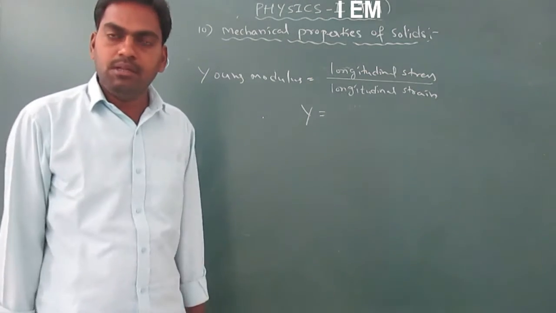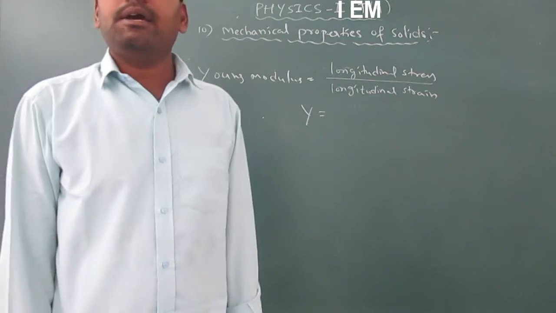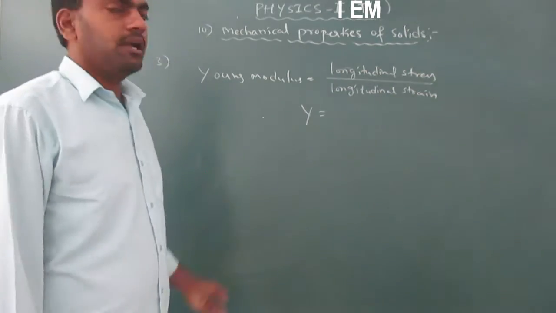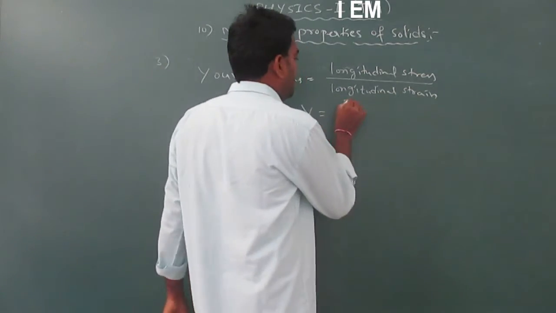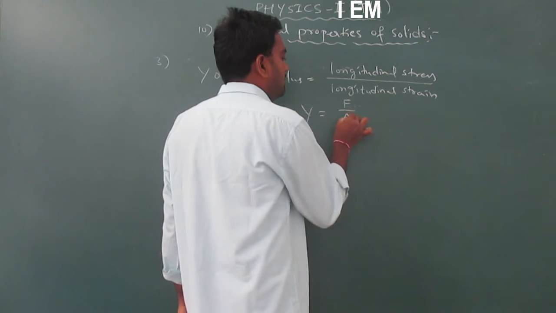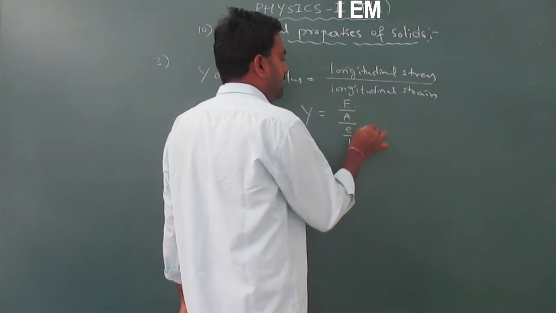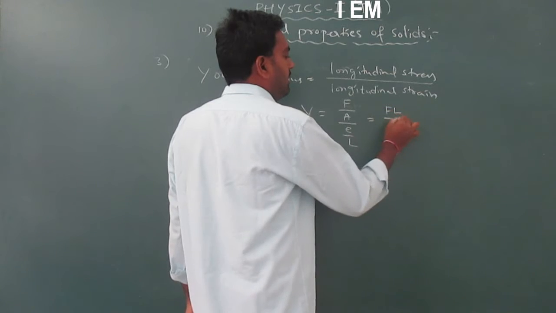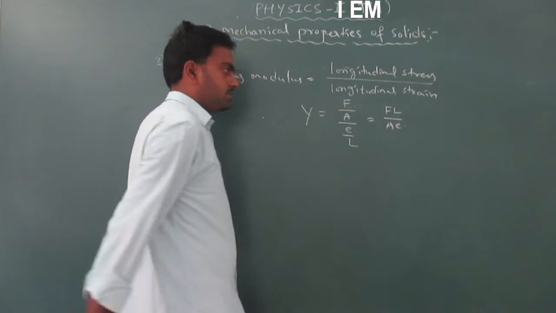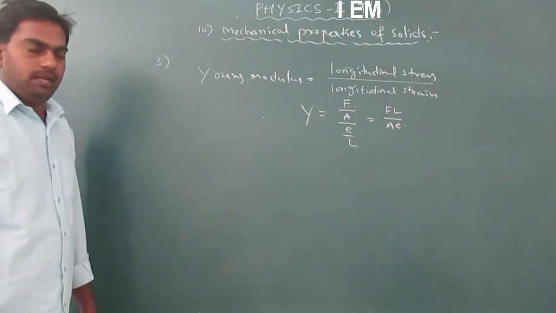The ratio between longitudinal stress and longitudinal strain is called the Young modulus. So Y is equal to F by A by e by L, so we can write Y is equal to F L by A e. This is called the Young modulus.